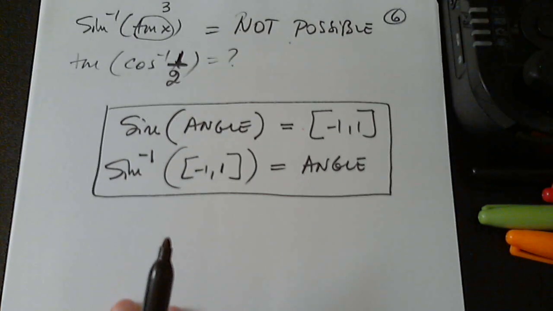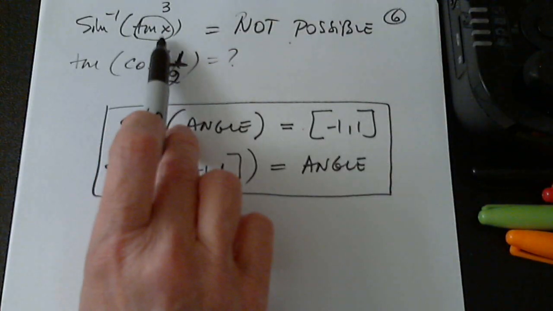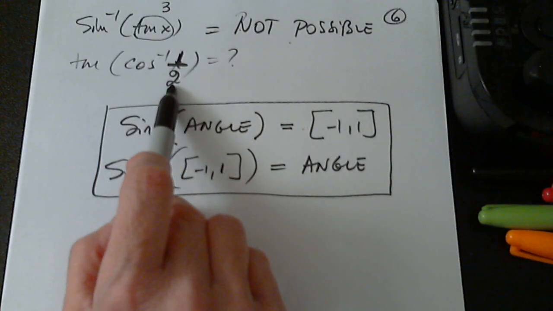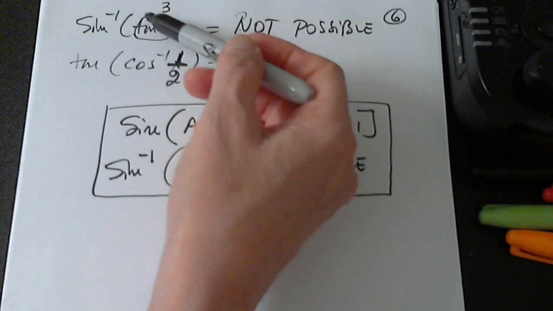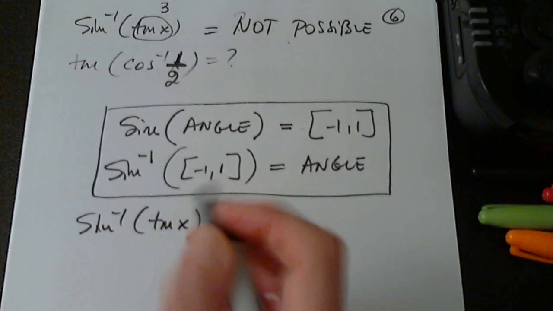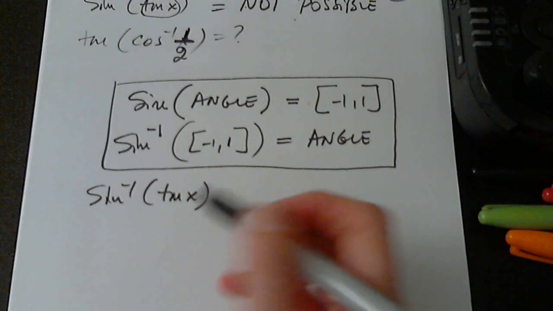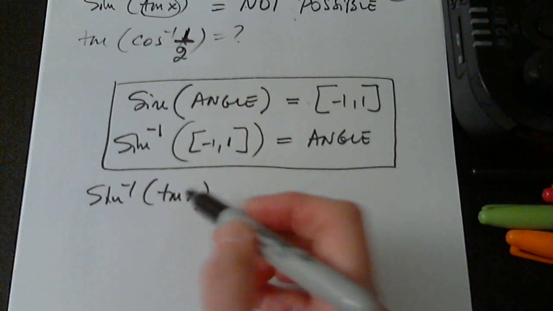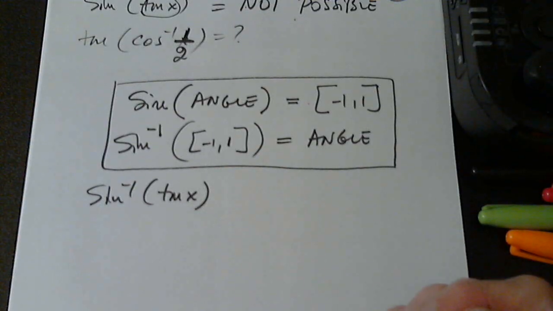So for this particular situation, here I don't really need a number. Let's continue. But here, sine inverse of tangent x without an angle, I can't continue because I don't have anything about tangent x.